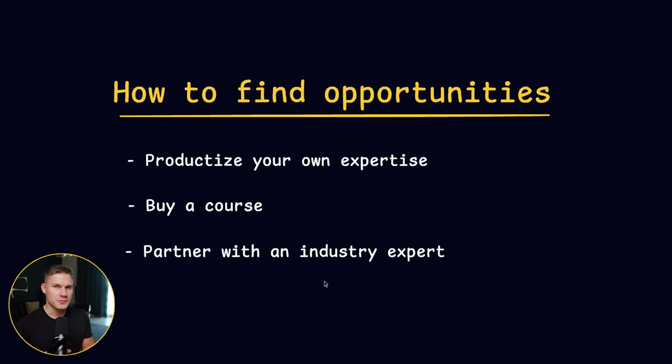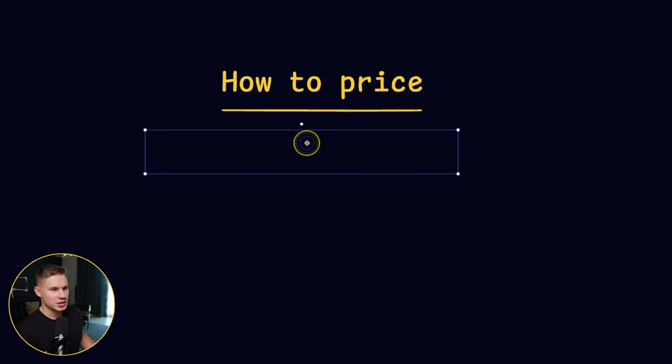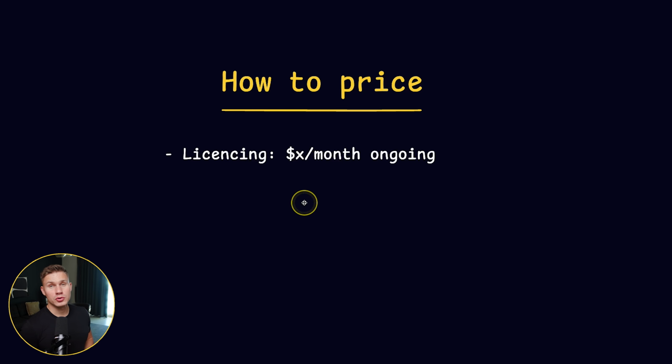Okay, so now how do you actually price vertical AI agents? Today, the best way to price vertical AI agents, and the way we are doing this ourselves, is licensing. Essentially, clients pay you for your agent's IP, a specific monthly price, ongoing, for as long as they are using your agent.